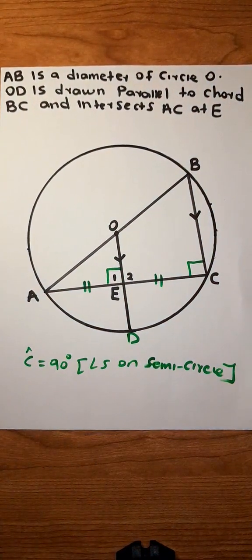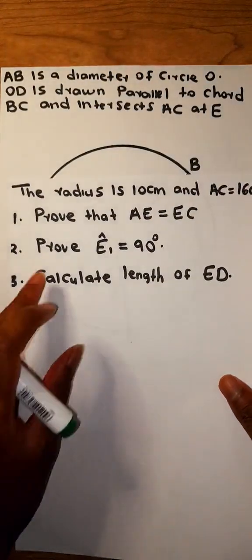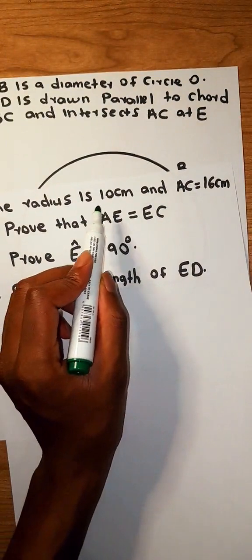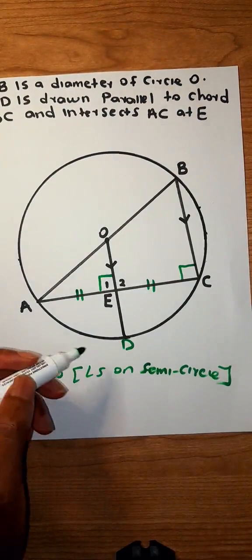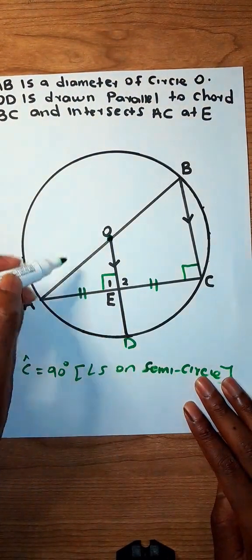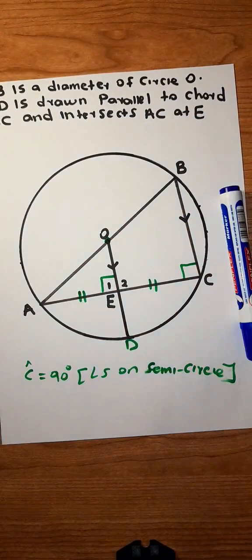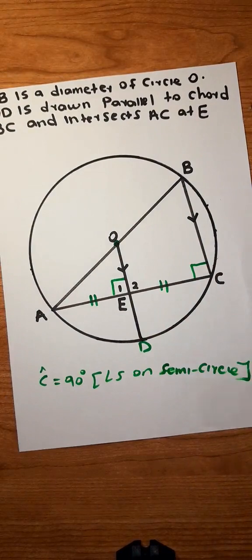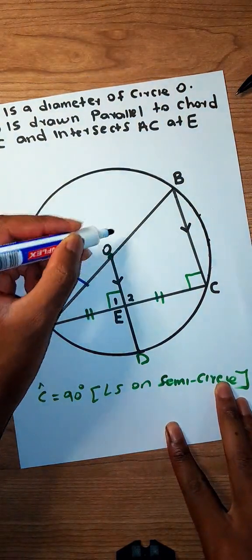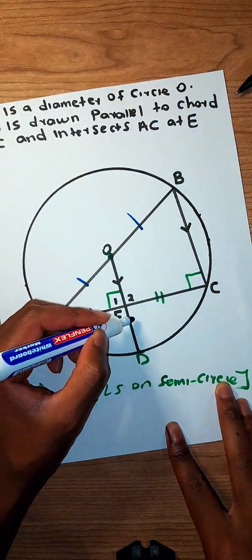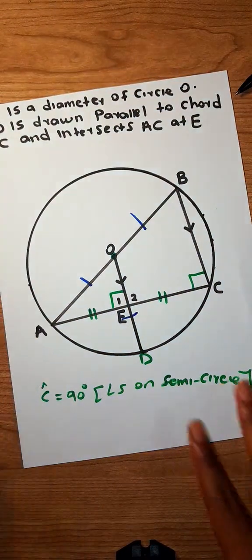Now let's go to our questions. The question says the radius is 10 centimeters. So if O is the center, let me just mark it with blue, it means that this radius equals this radius, and it also equals this radius, right?